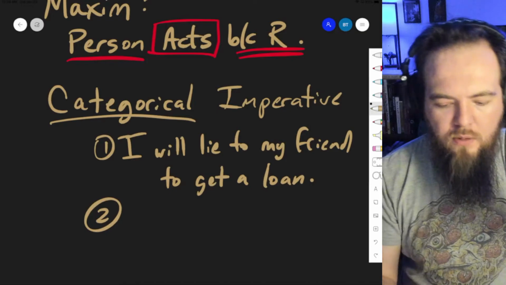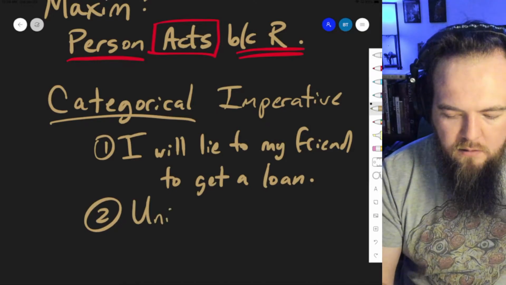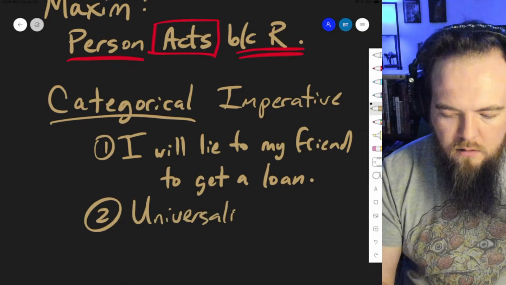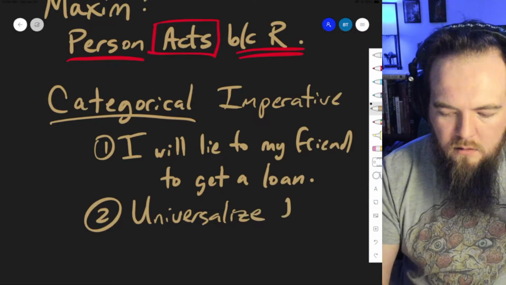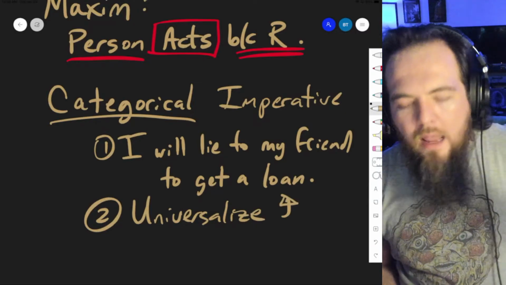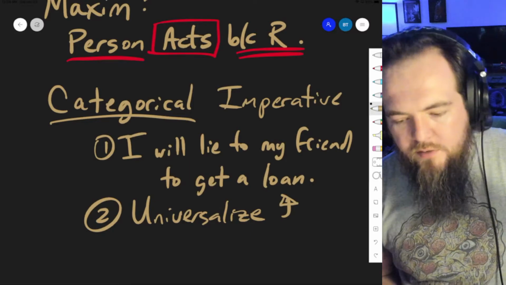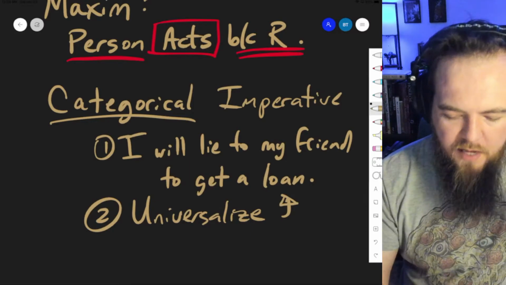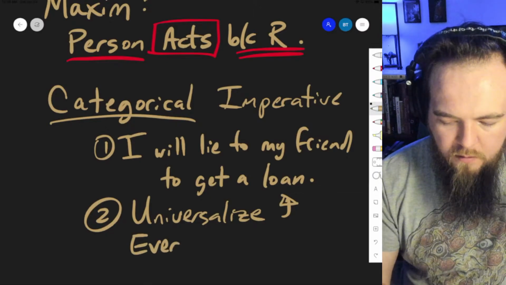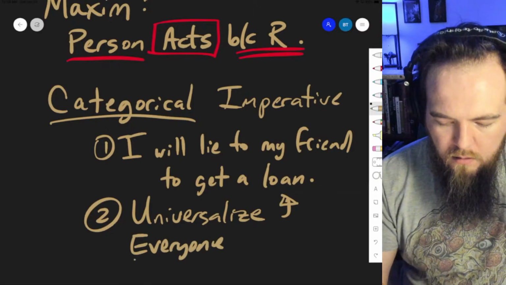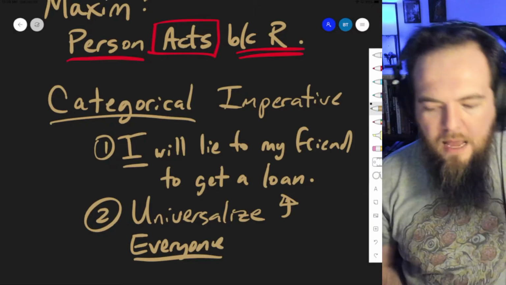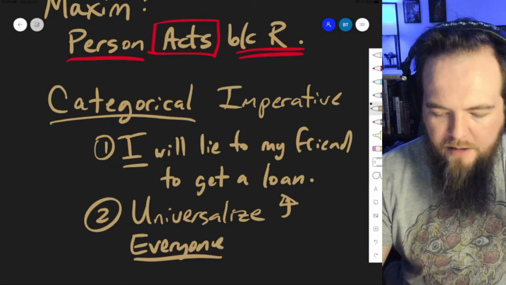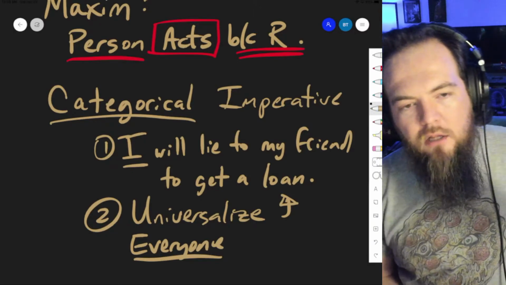Then what I want to do is universalize it. What I mean by that is, now we can say everyone. Everyone lies to their friends to get a loan.